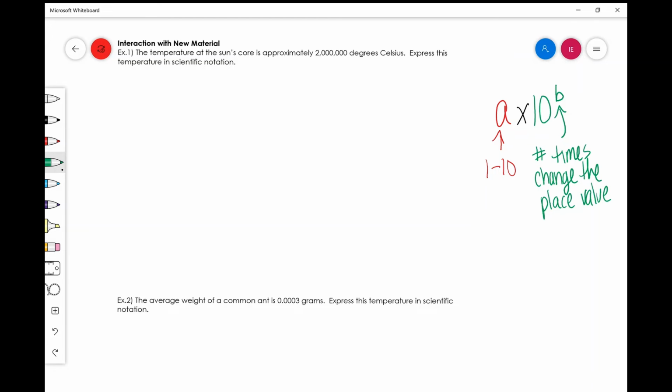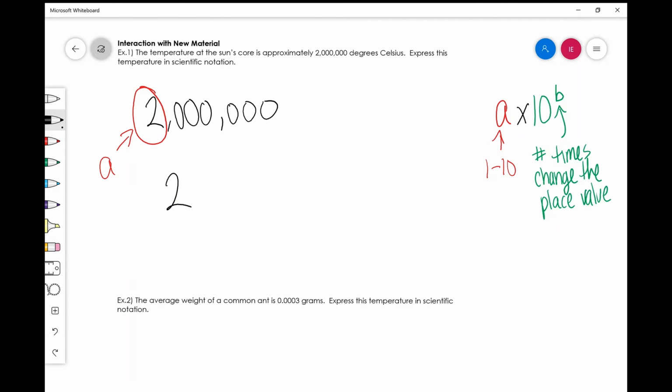So let's look at our number. The temperature is approximately 2 million degrees Celsius. First, let's figure out what our value of A will be. 2. We have our number between 1 and 10, so A in this case is 2. Now let's figure out B. When I have a 2, my decimal place is right after that 2.